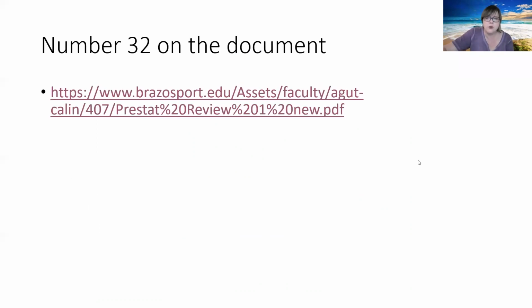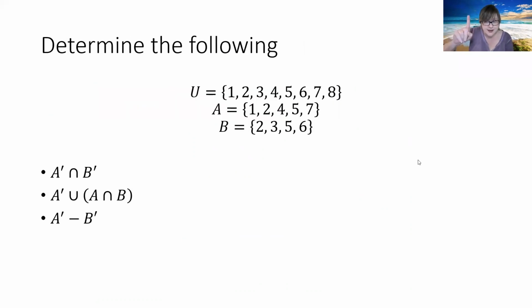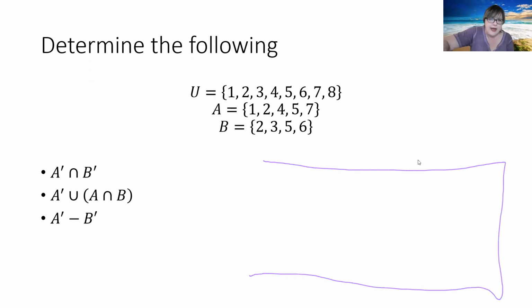All right, so let's stay on the same slide first. Okay, so we're going to draw a picture here. And this is U, everything in my universe. Set A contains 1, 2, 4, 5, 7. Set B contains 2, 3, 5, 6, 7.